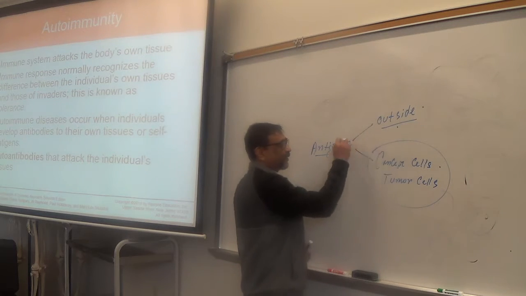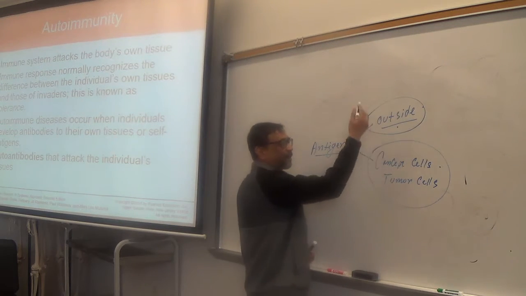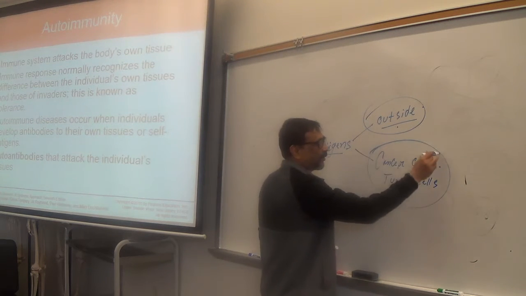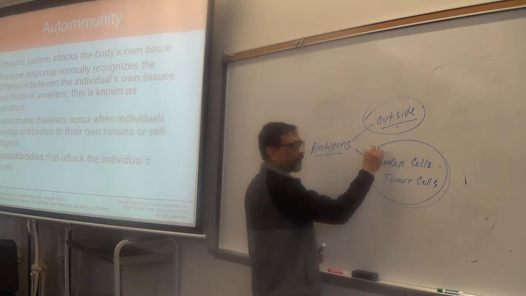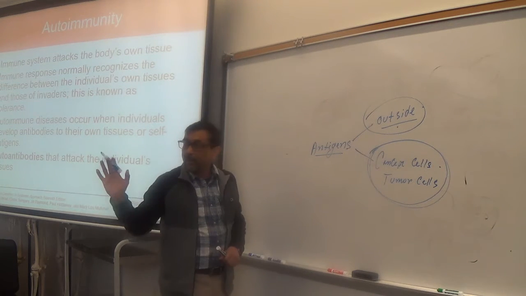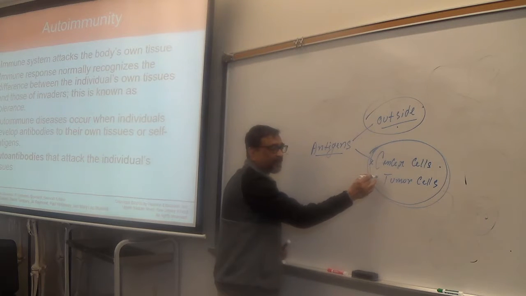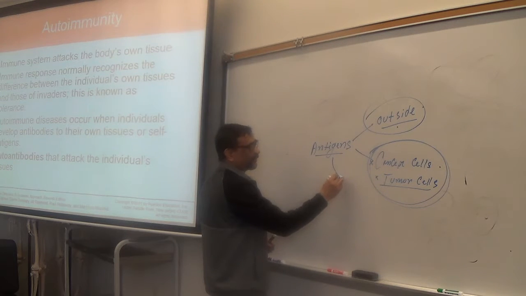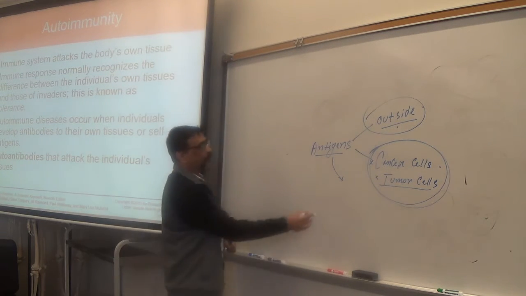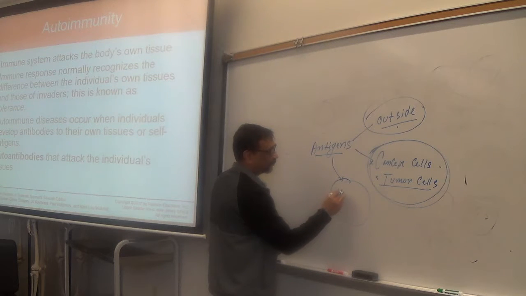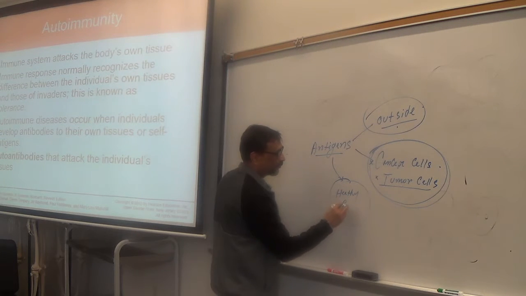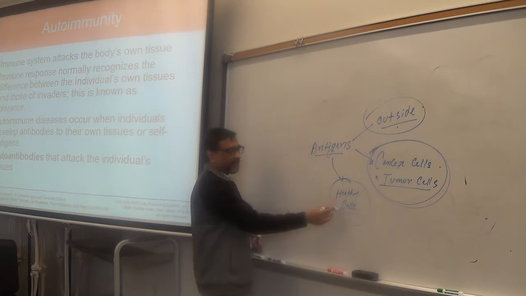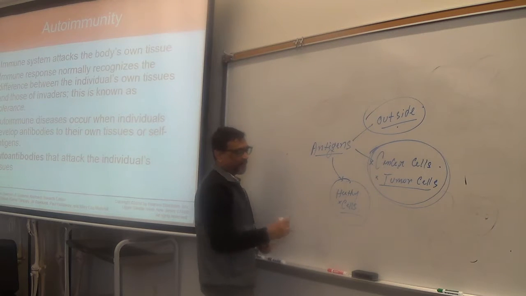So you see here, antigens can come from outside, like bacteria, virus, or pollen, or food, or toxic chemicals, or could be produced inside the body. But destroying the cancer cells or tumor cells is good. But if your own healthy cells are considered as antigen by your immune system and destroyed, that is the autoimmunity.